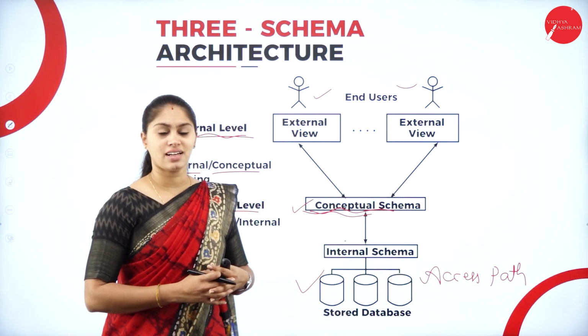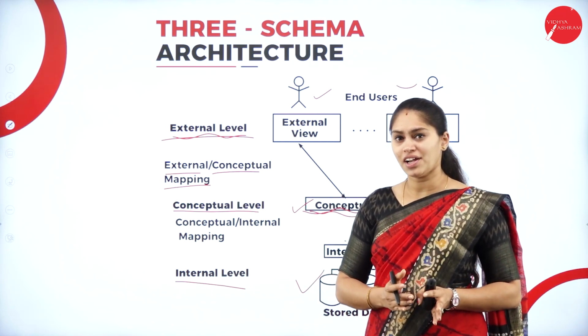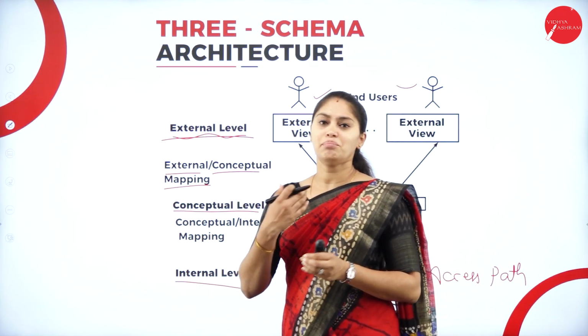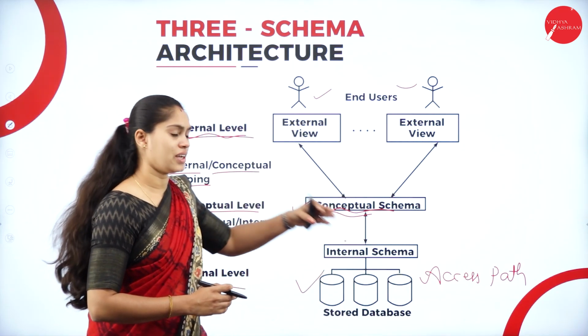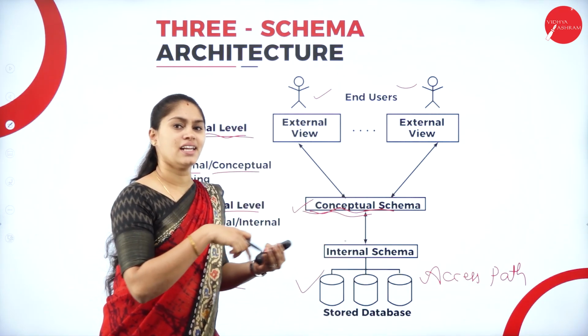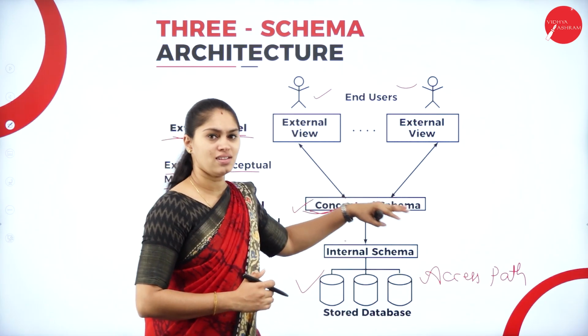I can consider those as attributes. And also we have relationships from one entity to another entity, which specify how entities are related to each other in a database. That takes place in the conceptual schema.